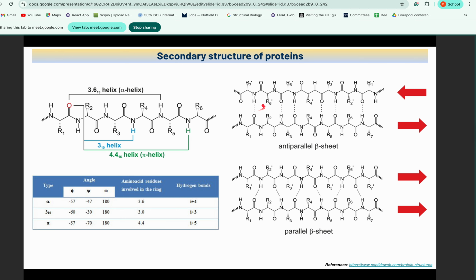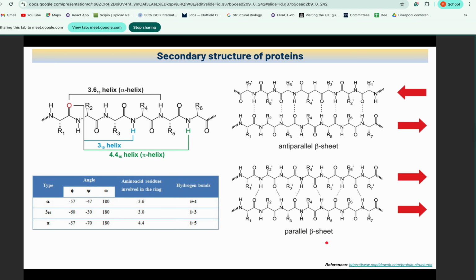So the strength of the hydrogen bond will not be sufficient to compensate for that interaction, and the anti-parallel beta sheets are generally unstable. To make it more stable, only those proteins favor the anti-parallel beta sheet in which, of the R side chains of both, one should be a light group and the other could be bulky. But if we compare it with the parallel, they are comparatively less stable.